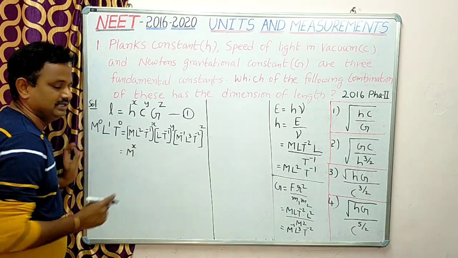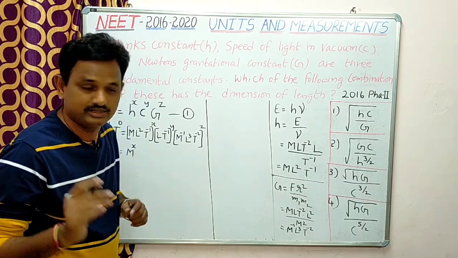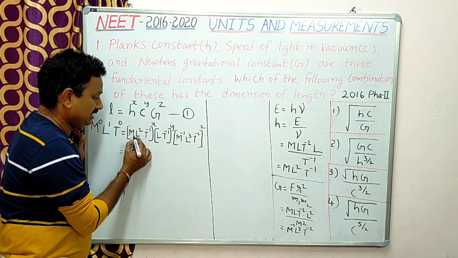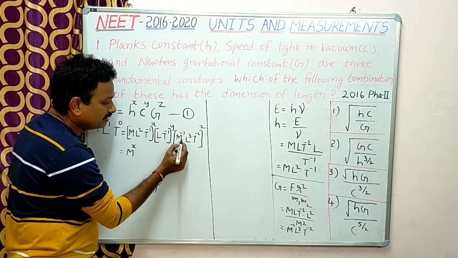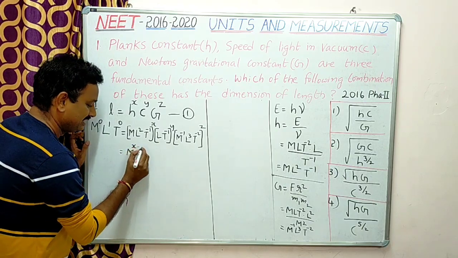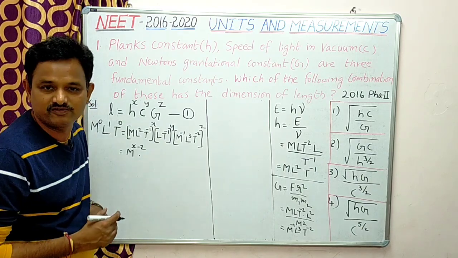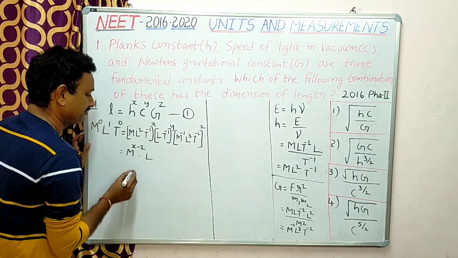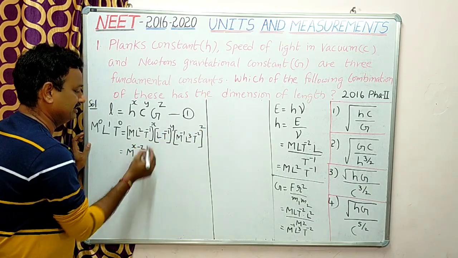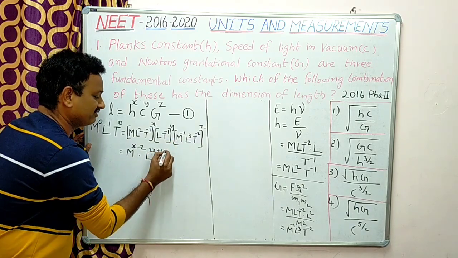Now I will write first in terms of m. Here I will multiply the m terms first, that is m power x into m power minus z, that is m power x minus z. Next I will write in terms of L. L power 2x into L power y into L power 3z, that is L power 2x plus y plus 3z.